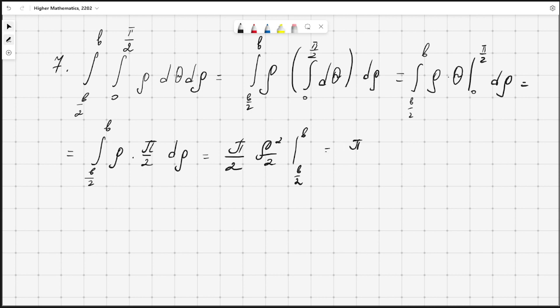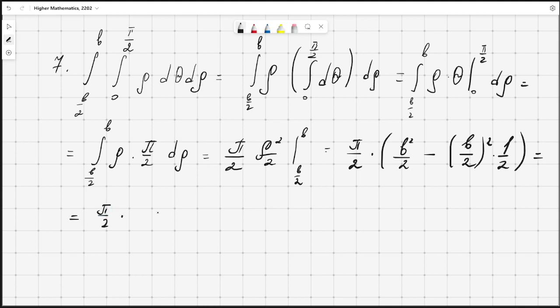We have pi over 2 times b squared over 2 minus b over 2 squared over 2, or pi over 2 times b squared over 2 minus b squared over 8.